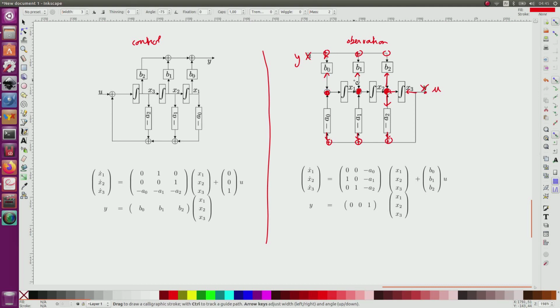Then from the observation form I get the control form, and reciprocally.